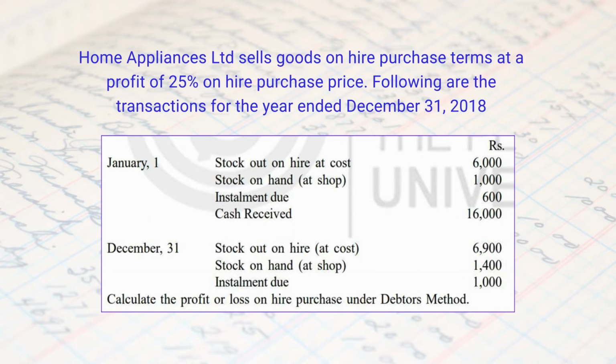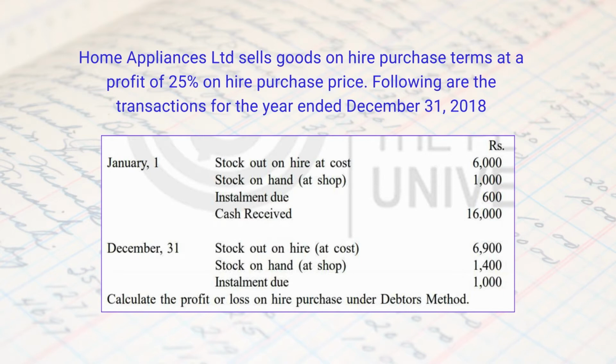It means opening stock, and this opening stock is at cost price, it is 6,000. Then stock on hand at shop, it is 1,000. Installment due rupees 600, cash received rupees 16,000.